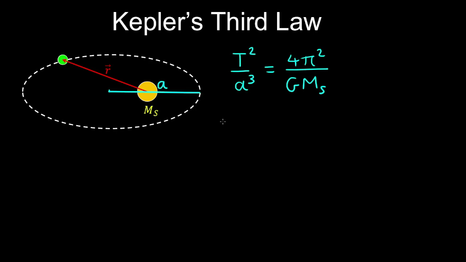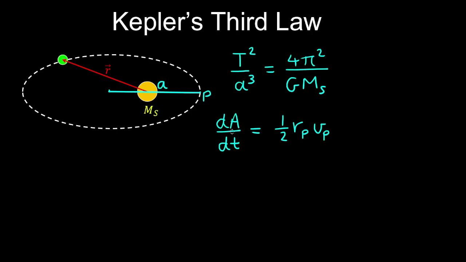Now recall that we found that the rate of change of area swept by the radial vector to the planet with respect to time was equal to a constant. So we chose the initial condition to be the position of the planet at perihelion. So we had the distance to perihelion by the speed at perihelion.